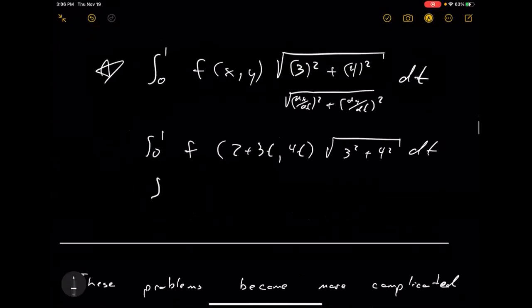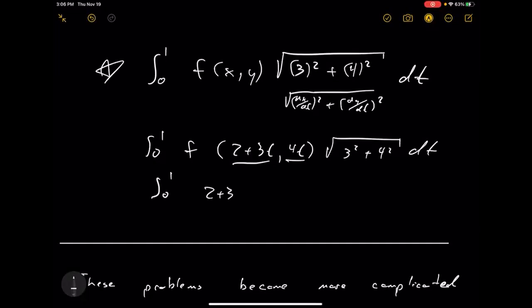So I'm going to rewrite this with that function, and I'm just replacing x with 2 plus 3t, y with 4t. Okay, this is what? Square root of 25, which is 5.